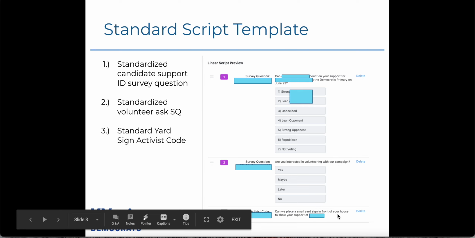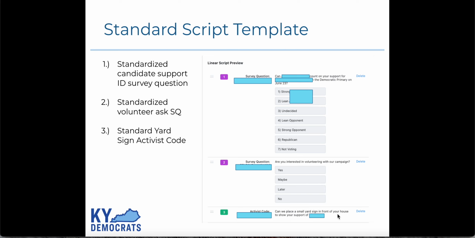I don't want to pretend to know the message of the candidates, but I want to make sure there is a bare bones structure for folks to start out with where they can plug in their messaging and their flow for the script, and have something to work with instead of having nothing to work with.